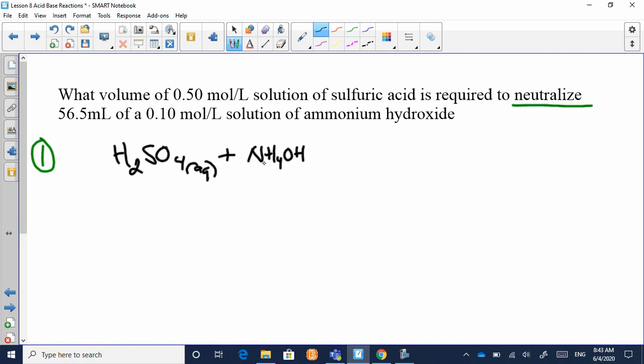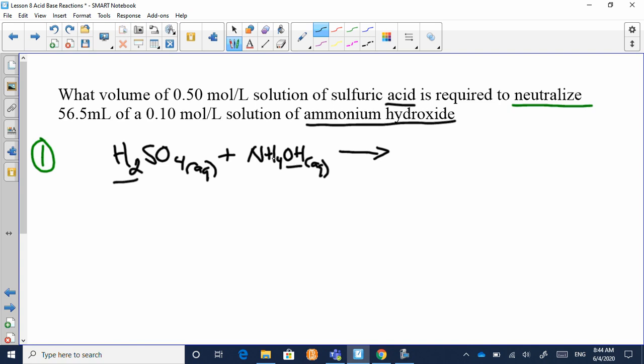So I don't need any subscripts. There's ammonium and hydroxide, and again, it's aqueous. Okay, and I recognize that this one is an acid. Well, it tells me it's an acid, and I know that ammonium hydroxide must be a base because there's the hydroxide. Okay, so I know that it's going to make a salt and water.